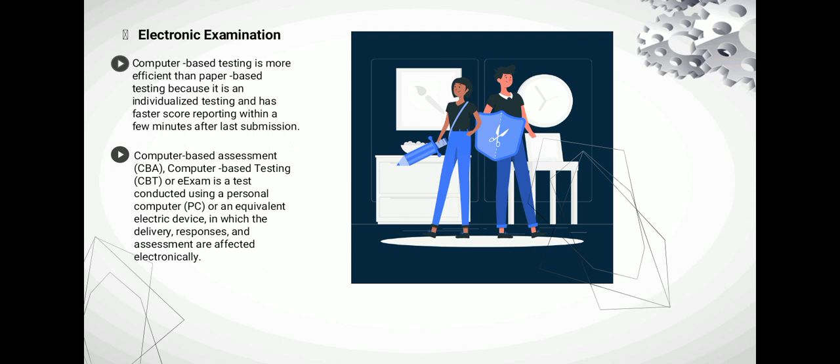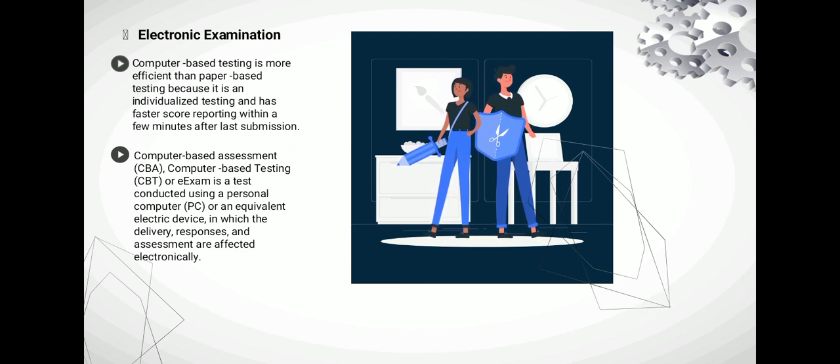The computer-based assessment or the e-exam test is conducted using the personal computer, the PC, or an equivalent electronic device in which the delivery, responses, and assessment are affected electronically. So because it is electronic examination, it means using a PC or a phone.